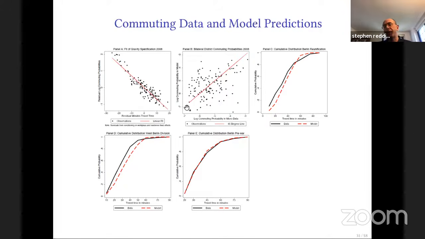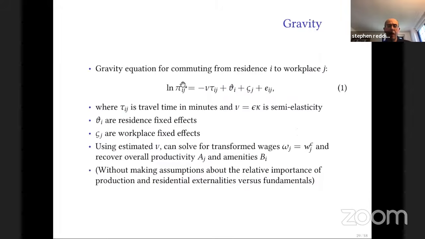I don't expect this fit to be perfect for a variety of reasons. Firstly, when we estimated this commuting gravity equation with our commuting flow data, we actually used the reported travel times in the commuting survey, to be consistent, to always use commuting flows and travel times from the commuting survey.